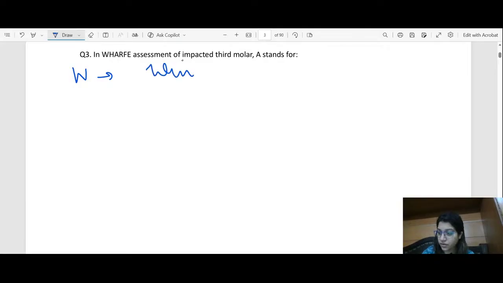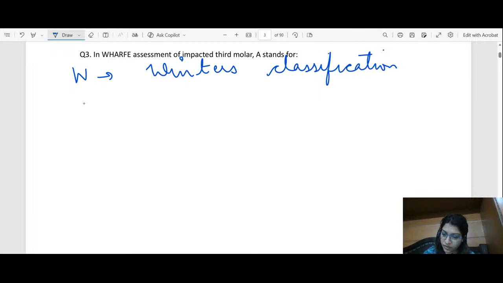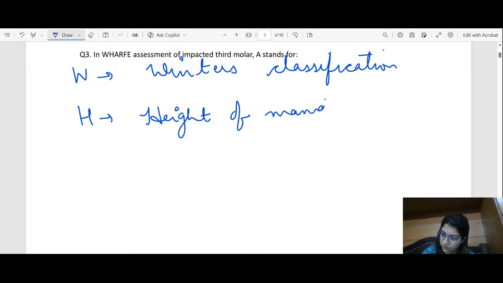It is Winter's classification. Then H stands for height of the mandible.